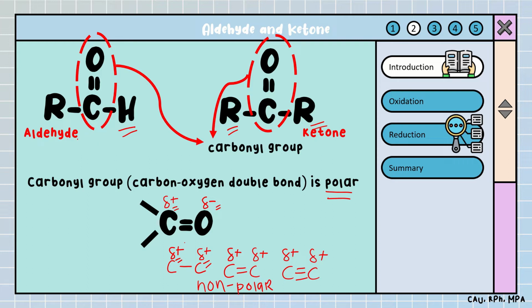Since aldehyde should have at least one hydrogen on its carbonyl group, we always see the aldehyde at the first or last position of the structure, while the ketone is always in the middle. Combined with other functional groups, aldehydes and ketones are widespread in nature.